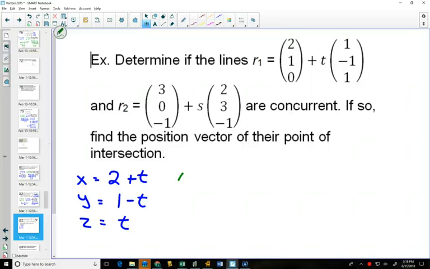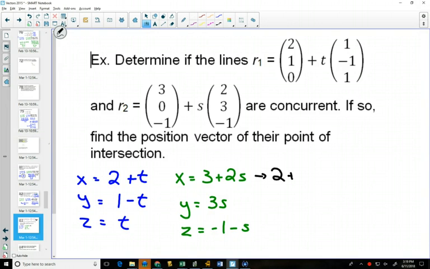From our second line, 3 plus 2s, 3s, negative 1 minus s. That gives us 3 equations with 2 unknowns.